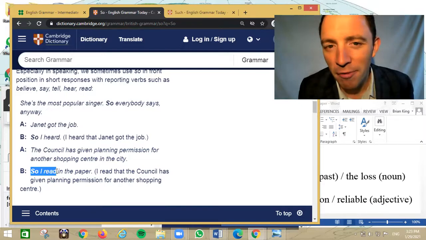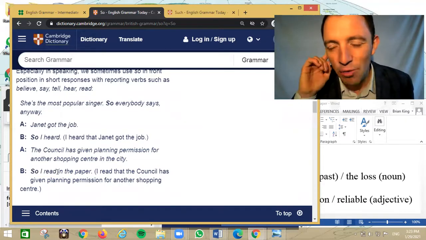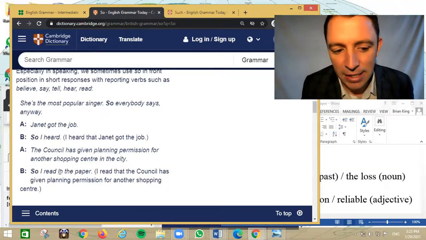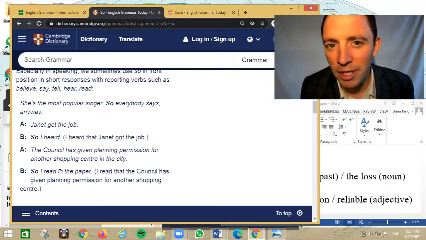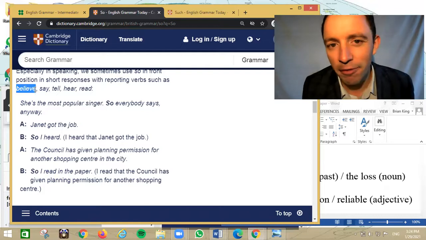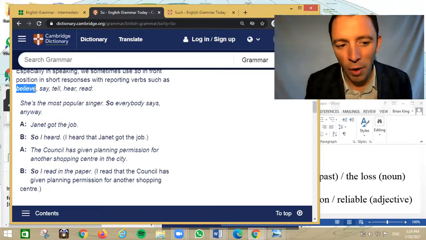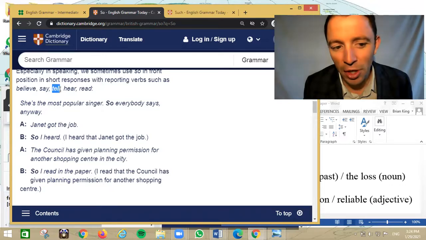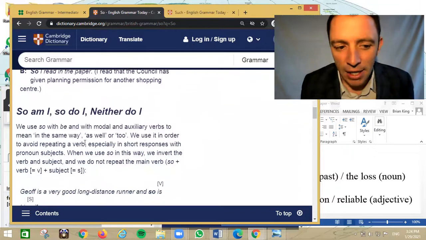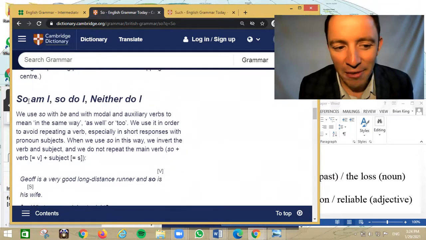Because it's a verb for reporting, hear and read, you can say so I heard, so I read, so I saw, and that's the rule for the reporting verbs. It's possible with these verbs in the front position: so I believe, so I said, so I told, or so she told me, so I heard, so I read. Okay, very advanced. Also in conversation, these are very important.